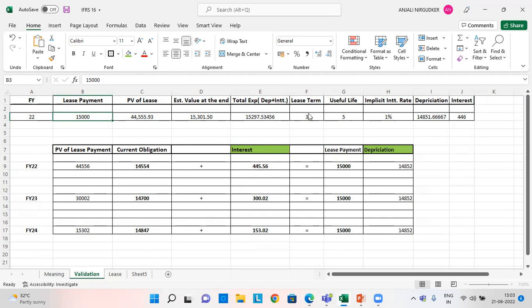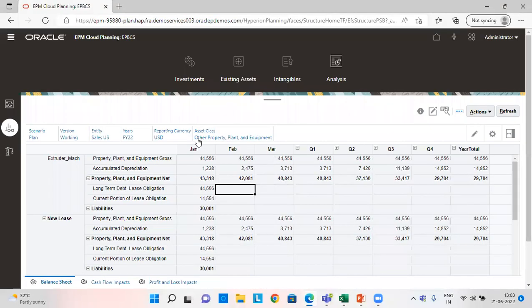This is the lease term, which is 3 years. Useful life, the estimated life of the asset, is 5 years. This is the implicit interest rate, 1%. And this is depreciation, which I calculated, and the interest. We are going to validate all these figures with the figures being calculated in our application. All right, let's get started.